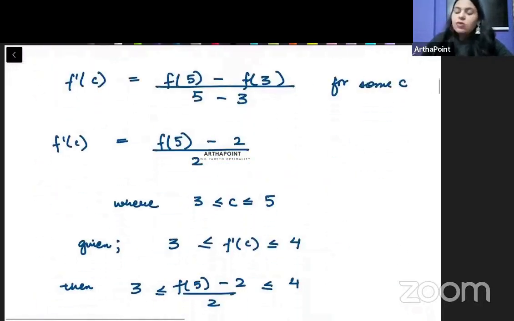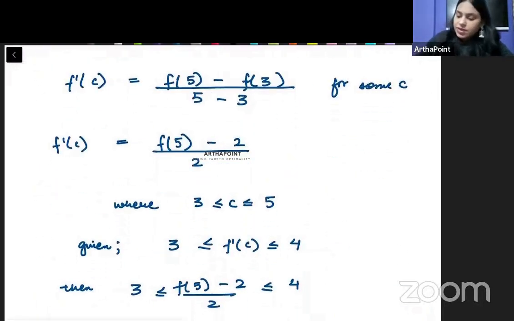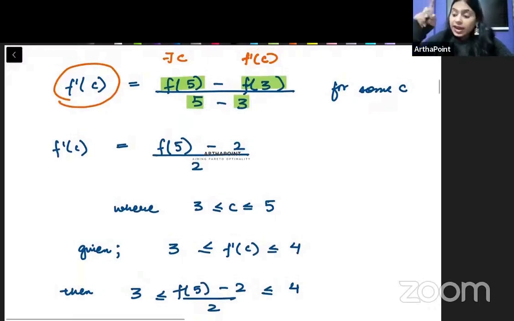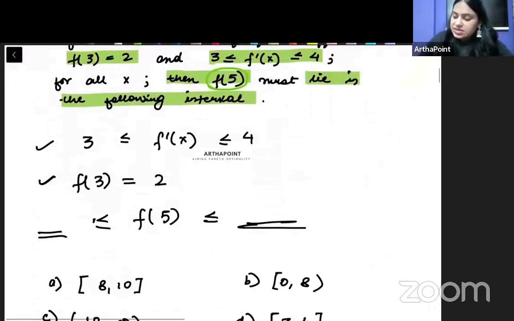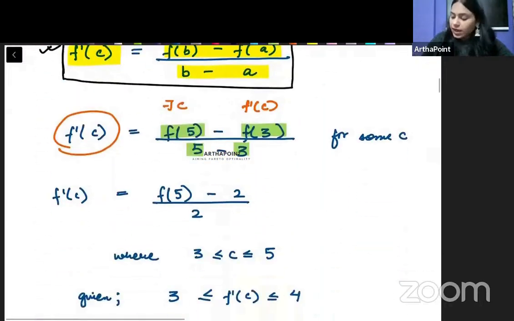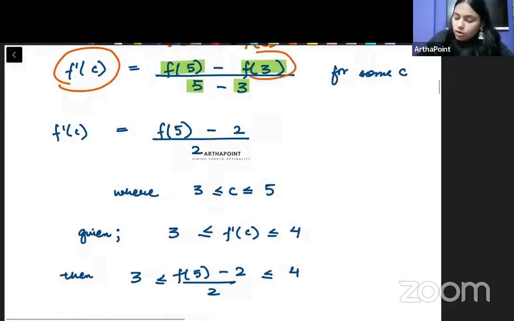So now using the mean value theorem, I have said that there exists a C, एक ऐसा C exist करता है such that f dash C will be f of 5 minus f of 3 upon 5 minus 3. And ये जो f of 3 है, this is actually given to me as 2. So instead of f of 3, I am going to go ahead and plug in this value 2.